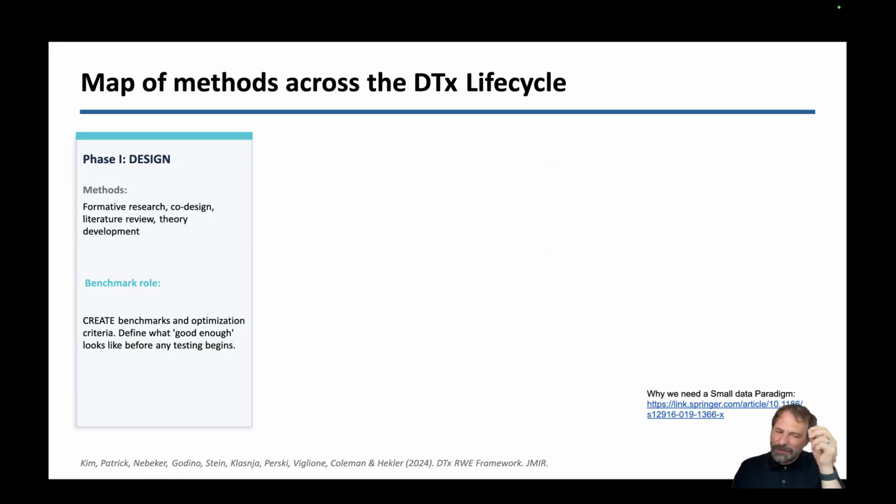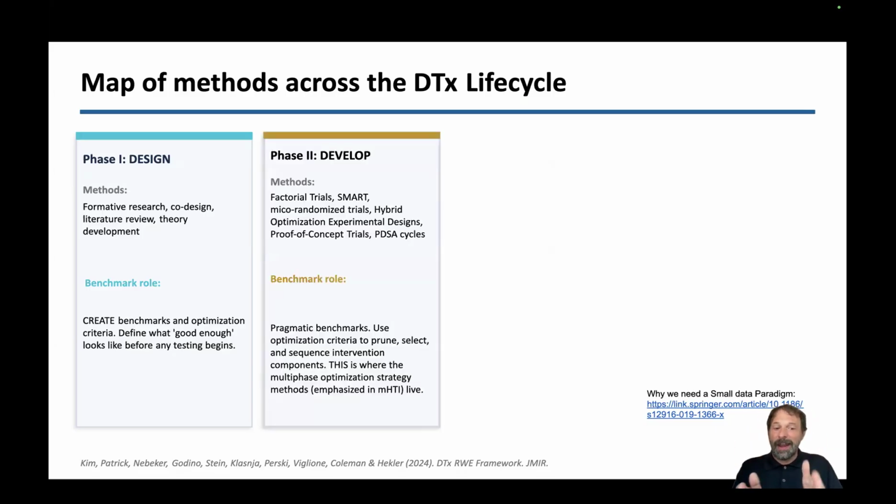Right. You want to have those very clearly defined because the more clarity you have on that, the more it feeds into your development work, right? And then you could start asking, okay, I've got my benchmark. I got to do better than what's currently existing, right? Like maybe current CBTI tools only help 40% of the population. And so I want to try to get to 50%. How am I going to do that? I'm going to optimize all the elements of my intervention.